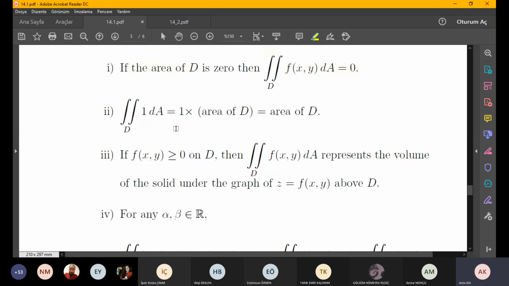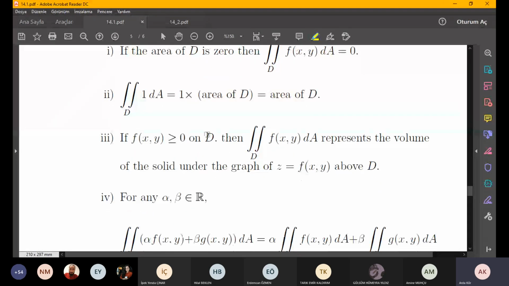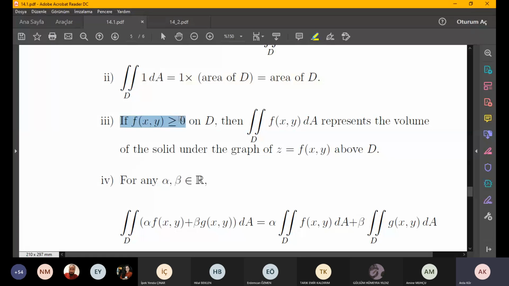So from the definition of the double integral that we have seen, this is 1 times the area of D. That is why the double integral of 1 over D is actually the area of D. And if f(x,y) is greater than or equal to 0 on D, then the double integral of f(x,y) over D represents the volume of the solid, as we had in the example above, under the graph of z and also above D.